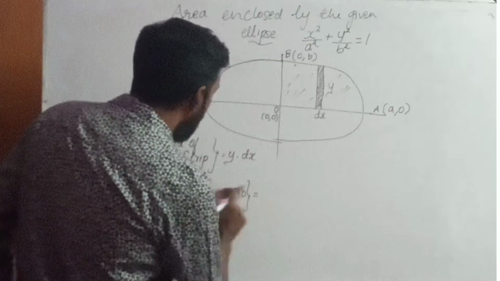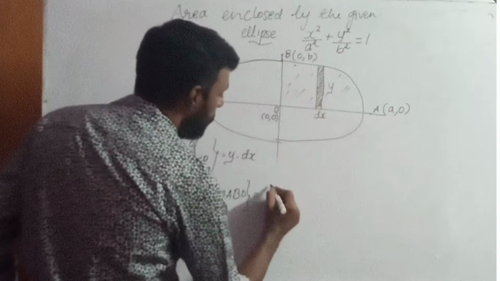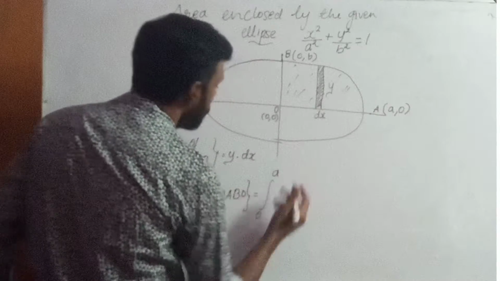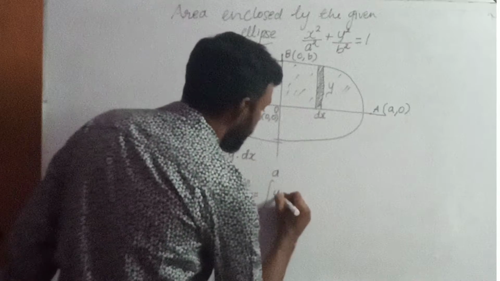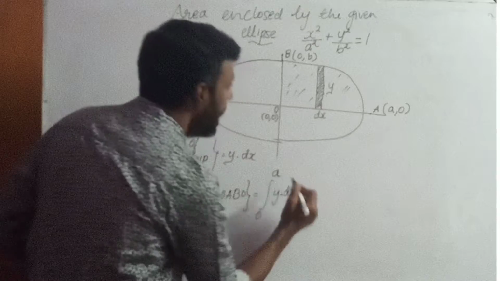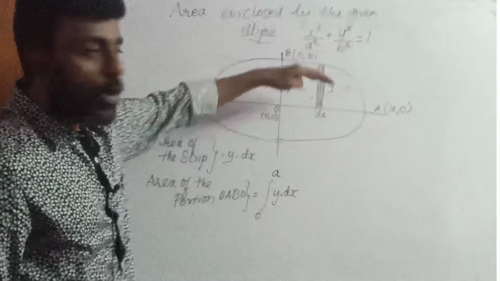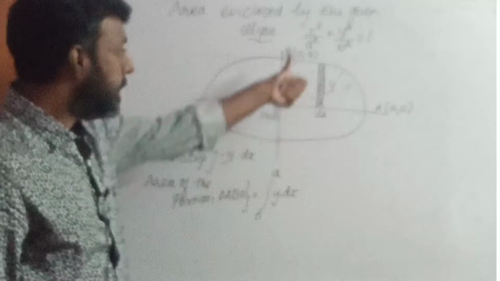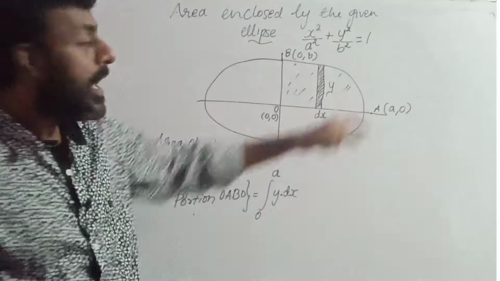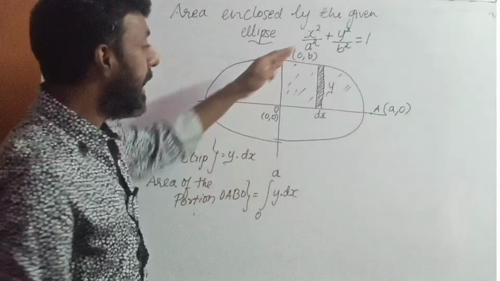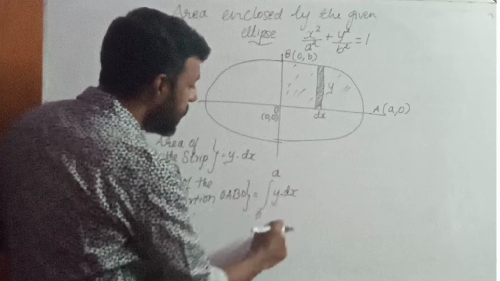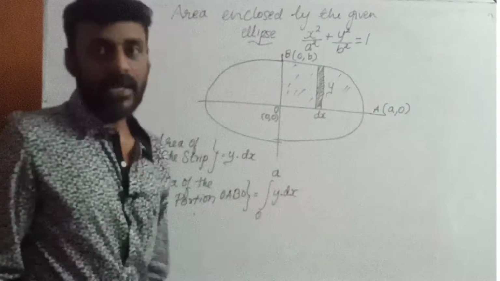So the area of the portion OABO will be the integral from 0 to a of y into dx. This gives the area covered in quadrant number 1.